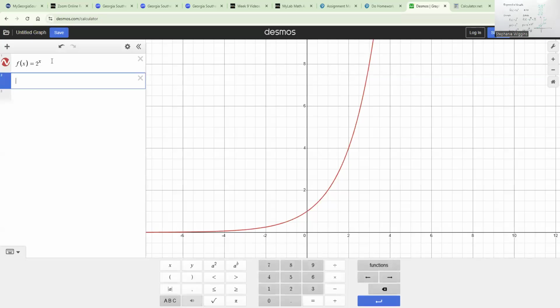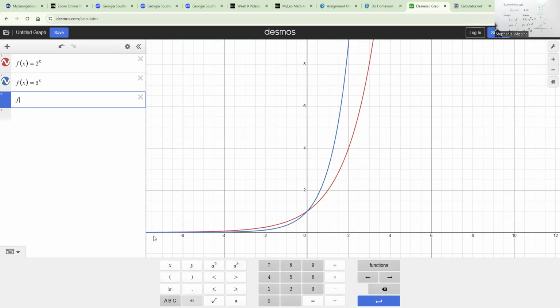And let's do another one. Let's say f of x equals 3 to the power of x. F of x equals 4 to the power of x.